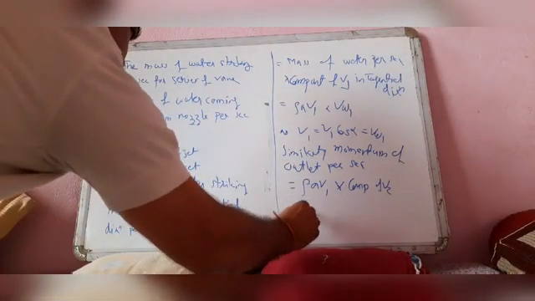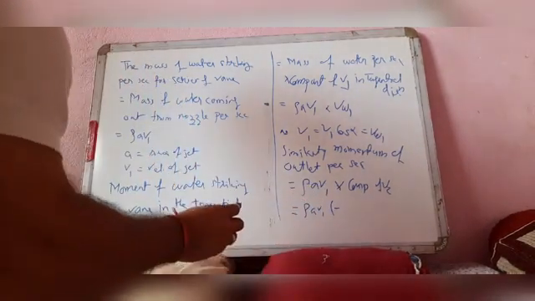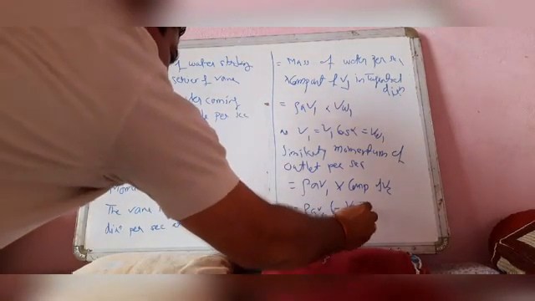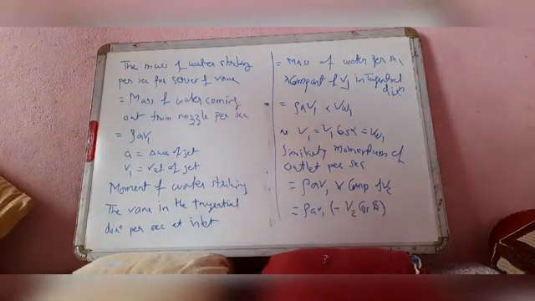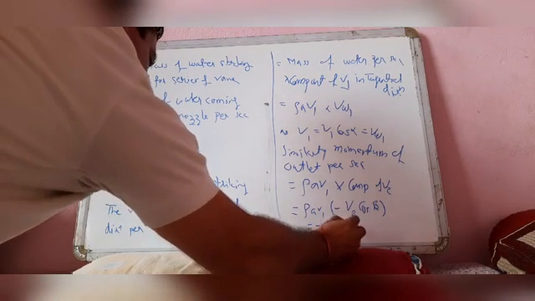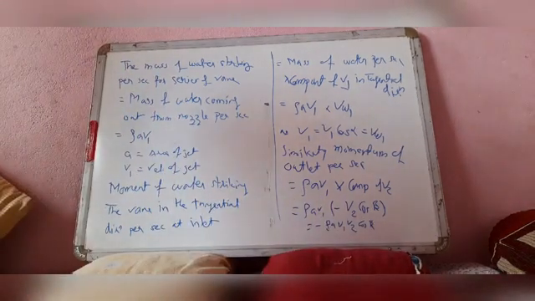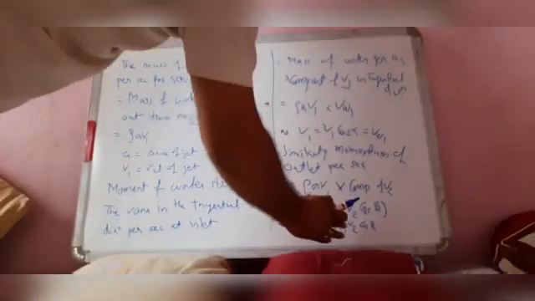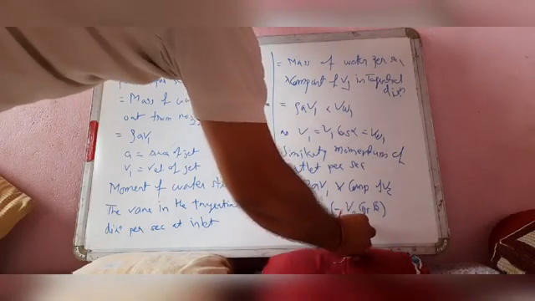So this is rho A V1 and minus V2 cos beta, so this is minus rho A V1 V2 cos beta. As we know, V2 cos beta is equal to VW2, so we can replace V2 cos beta by VW2.